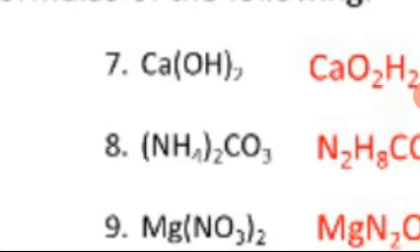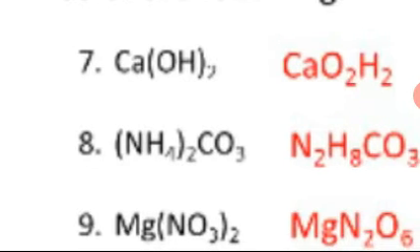Ca(OH)2, calcium hydroxide. Phosphorus pentaoxide is inorganic. Calcium hydroxide is also inorganic. These 7, 6, 7, 8, 9 are all inorganic, while before all they were organic. This Ca(OH)2, when you write it like this, CaO2H2, right?